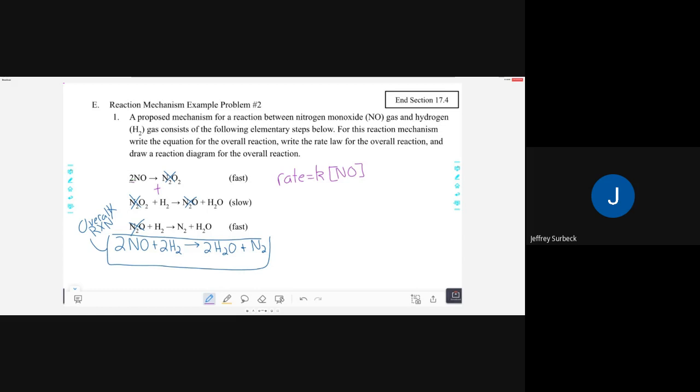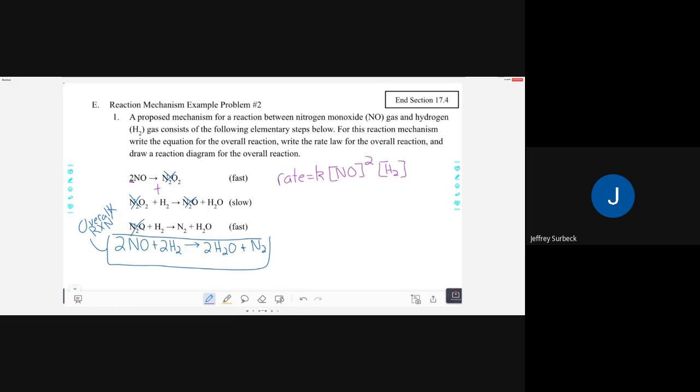NO has what coefficient and what power do we need to raise that to? 2. So we raise it to the second power. Then I'm going to put H2 in brackets. It has a coefficient of 1. So I'm going to leave it with no written power. We assume that's 1. And somebody tell me why I am not going to write N2O2 into my rate law.